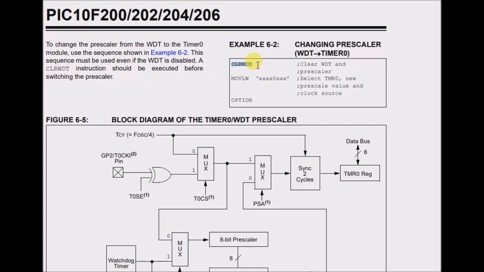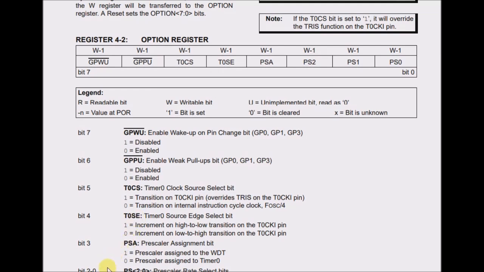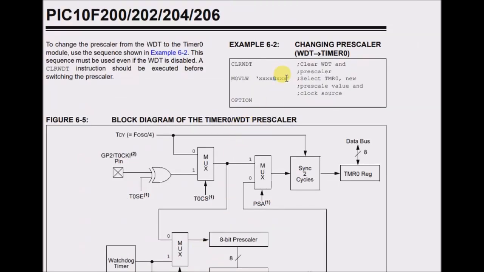CLRWDT, move this value into the option register, which I suppose, what does bit 4 do? Well, no, I guess it was bit 3. Prescaler assignment bit. Assigned to the WDT or to Timer0. 0, 1, 2, 3. So it's the PSA bit.